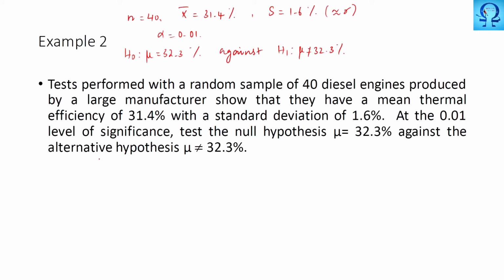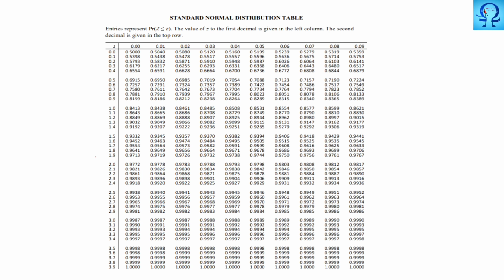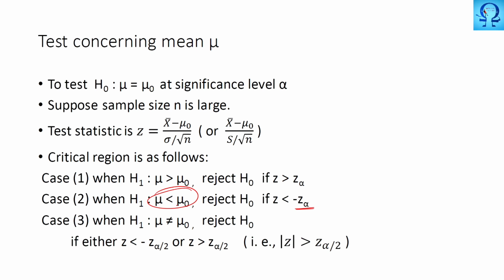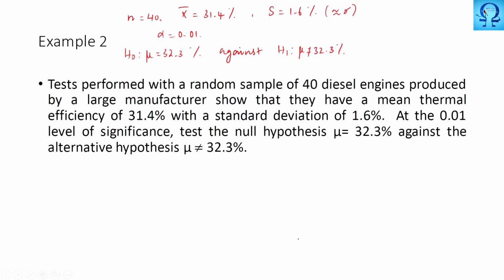Okay. And now, when should we reject the null hypothesis? In this case, our case is that mu is not equal to. In this case, if either this or this happens, as a cumulative thing, we can take absolute of z is bigger than z alpha upon 2.